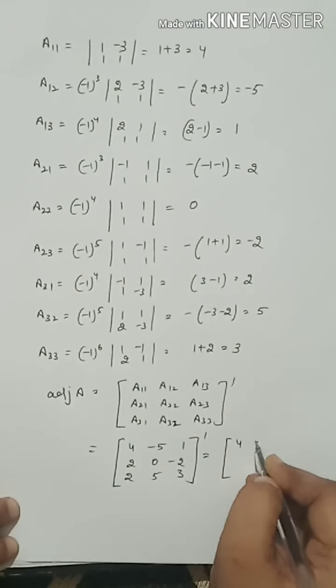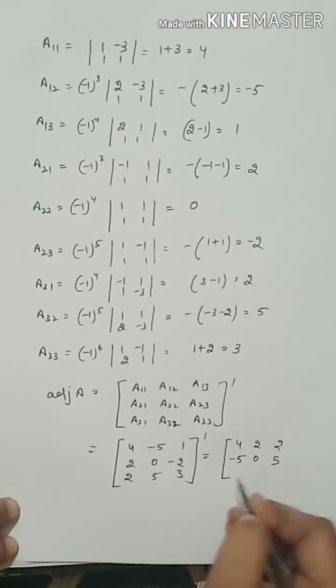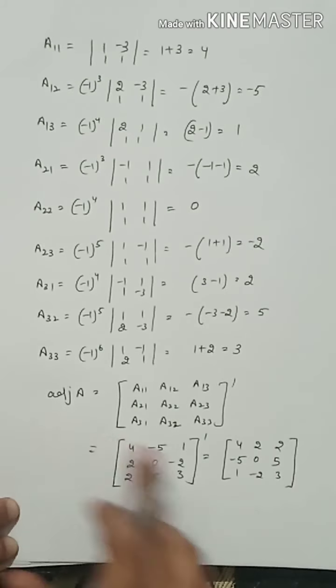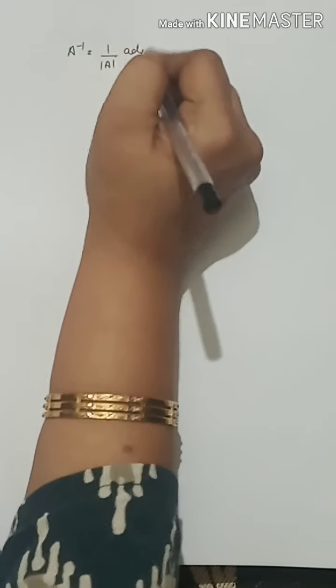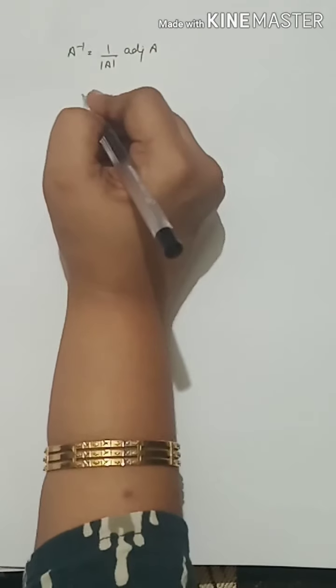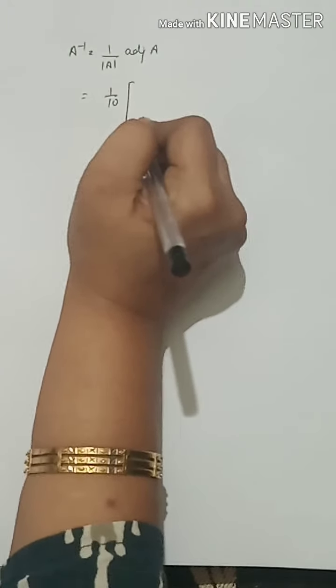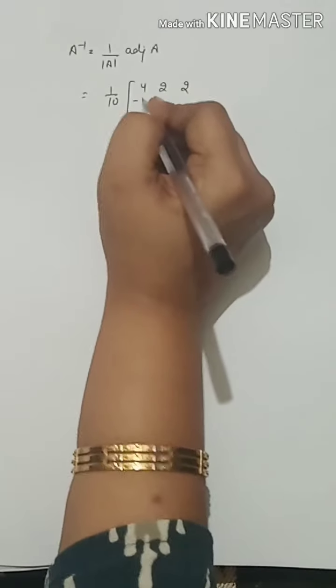So finally the value of adjoint A will be [4, 2, 2; -5, 0, 5; 1, -2, 3]. So A inverse will be 1 upon determinant A into adjoint A. Now substitute the values of determinant A and adjoint A. We will get the inverse of the matrix.